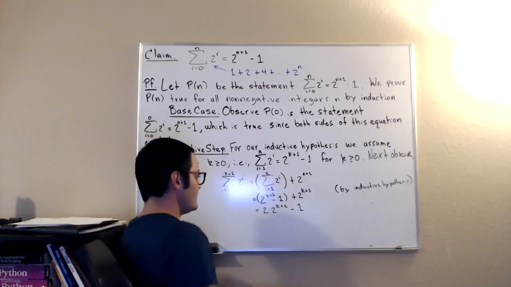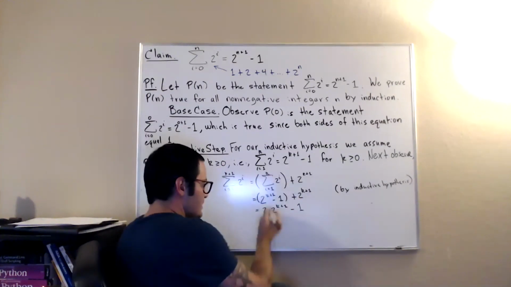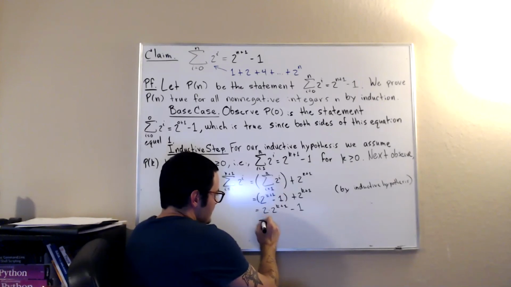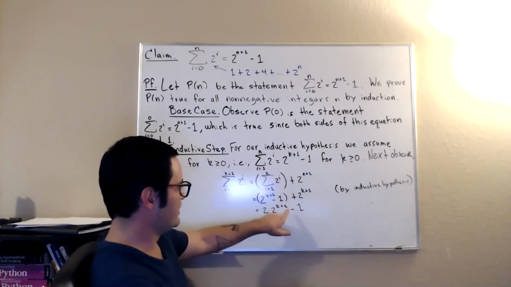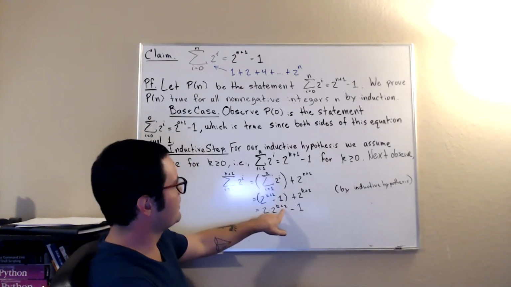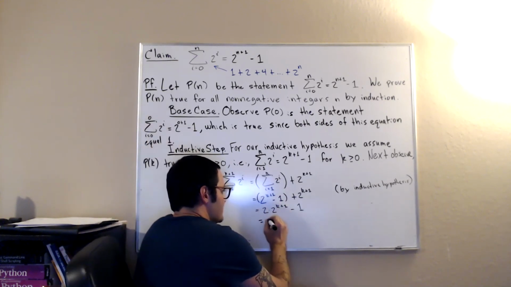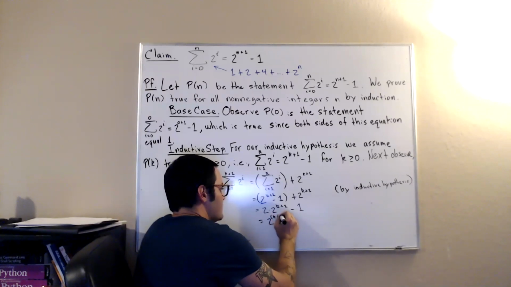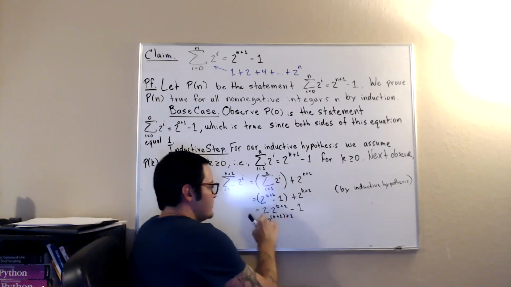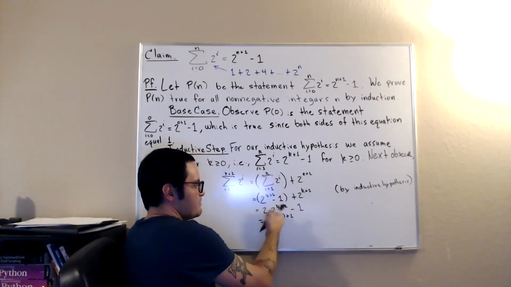But now 2 times 2, it's the same base, so we can write this as, we increment the exponent by 1, right? So this is going to be equal to 2 to the power k plus 1 plus 1, because same base, we add 1 to the exponent.